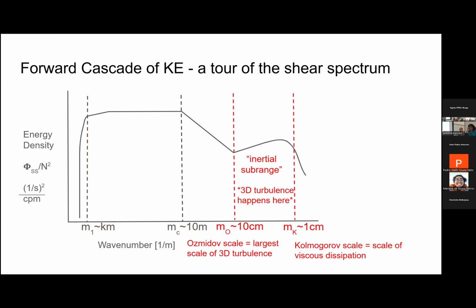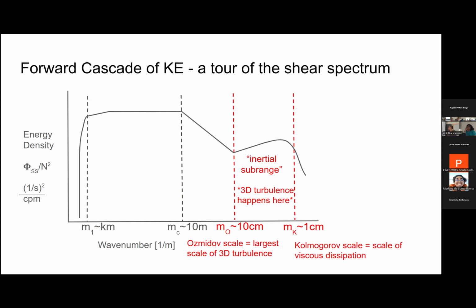The other area of the spectrum that has a common name is the inertial subrange. This is the scale at which we expect 3D turbulence to be happening. It's the bumpy part at the end. The largest scale on the left that borders this section is the Ozmidov scale, named after some guy, and that's the largest scale of 3D turbulence.